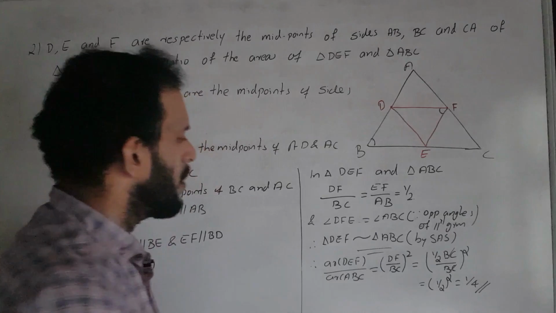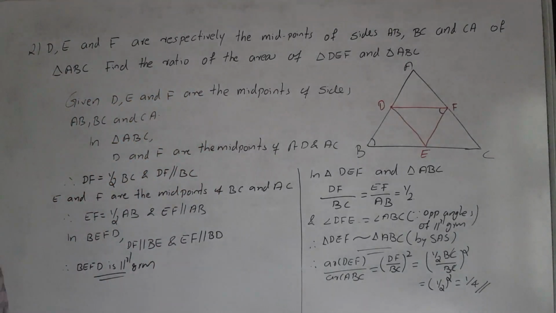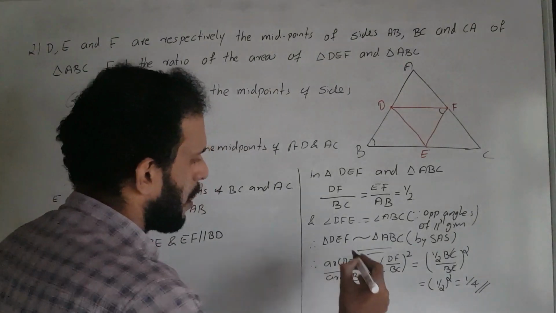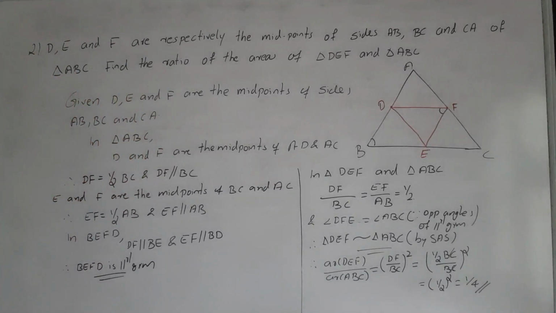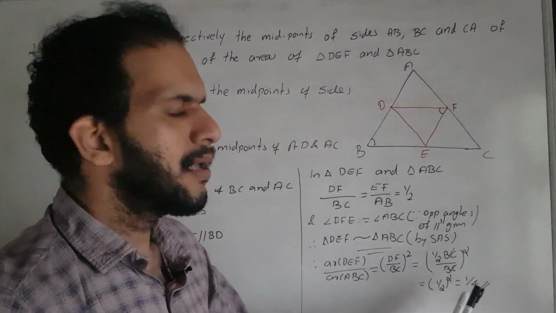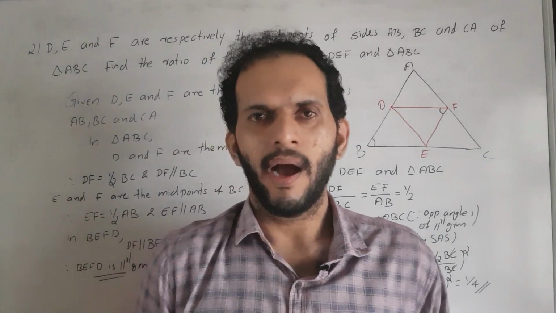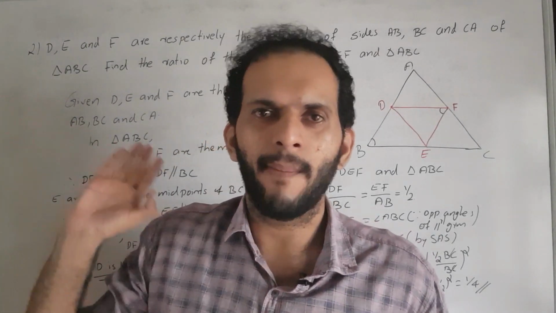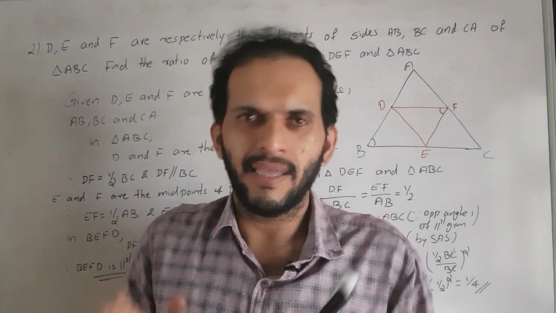Then what is the ratio of area of DEF and area of ABC? The area of DEF and area of ABC is equal to 1 by 4. I think you got the idea about how we apply the theorem.